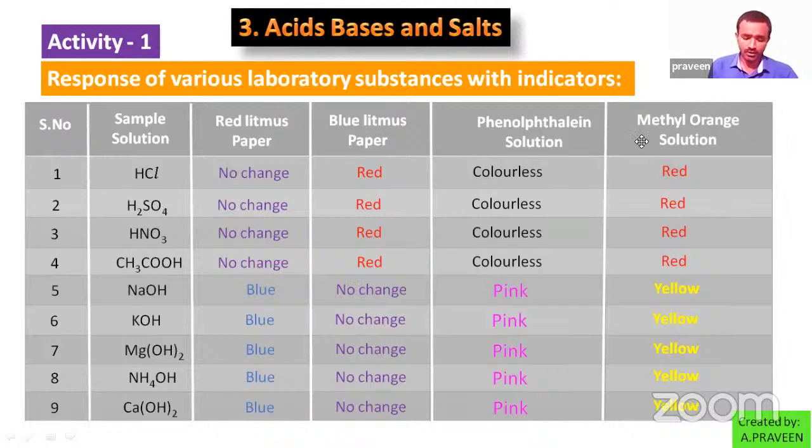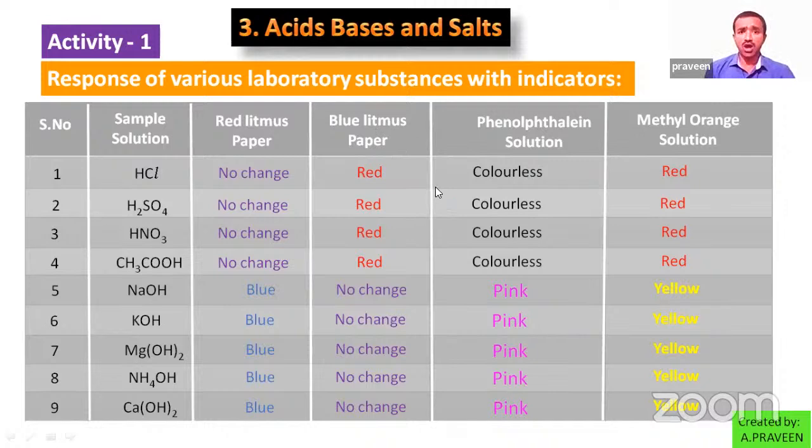In yesterday's class, I discussed activity 1, especially how to find out acids, bases, and salts using indicators. Here we are using mainly litmus papers, phenolphthalein, and methyl orange.